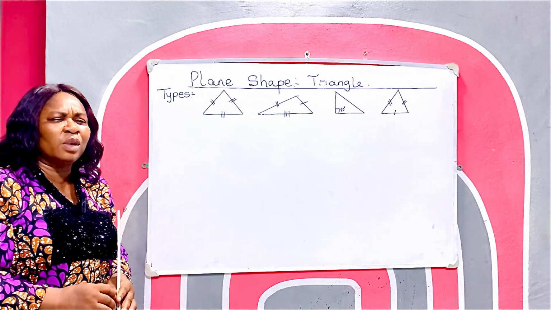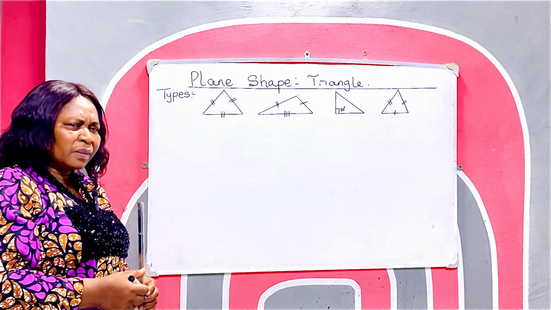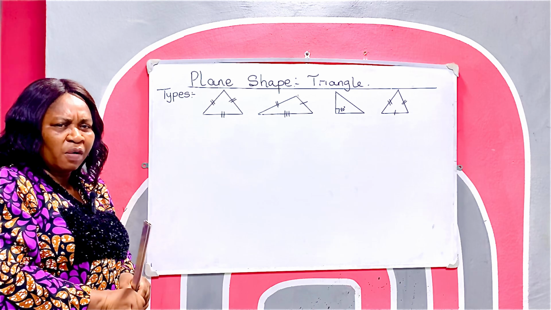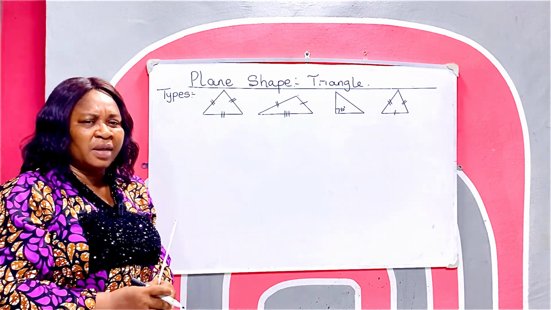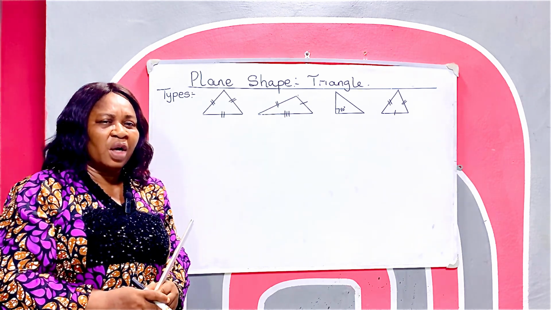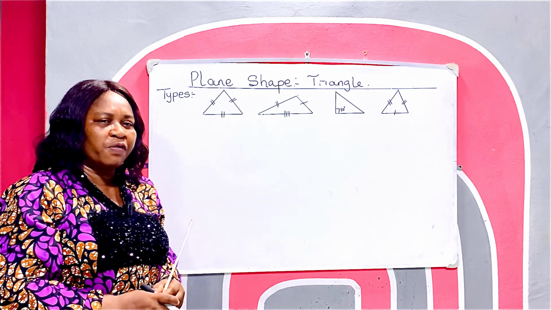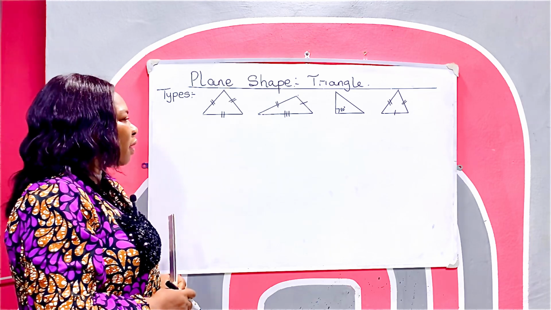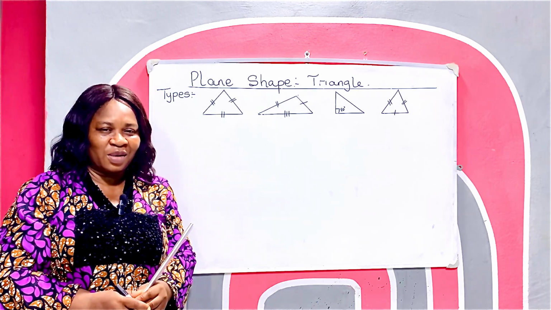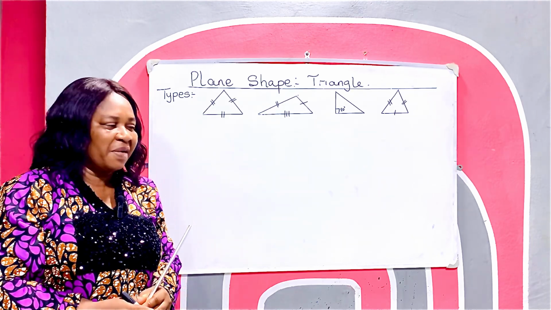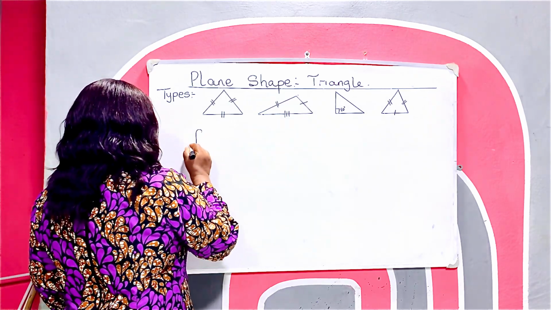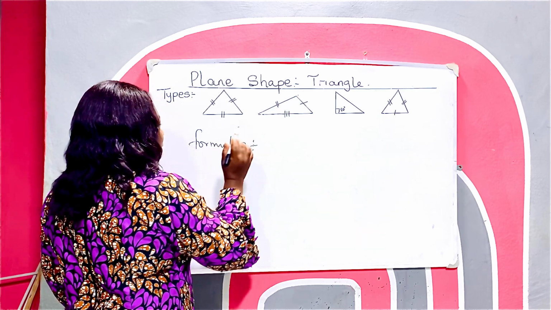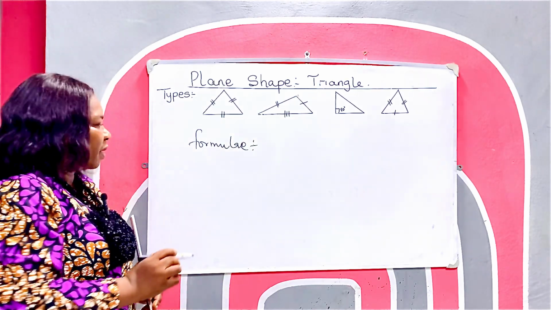Now, let us get into the calculation of the area of a triangle. I told you you are not going to cram anything. From my teaching, you are going to learn how to derive your formula without cramming. The first one you have to know, you always put in a song: the formula for area.